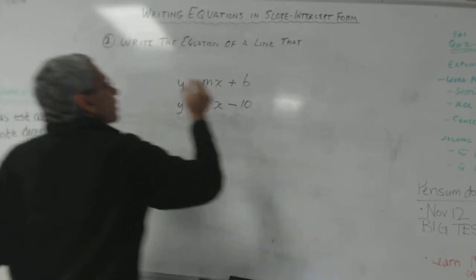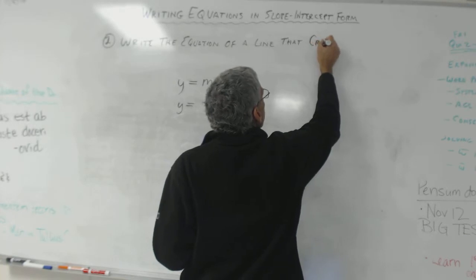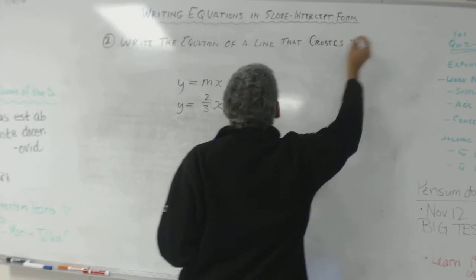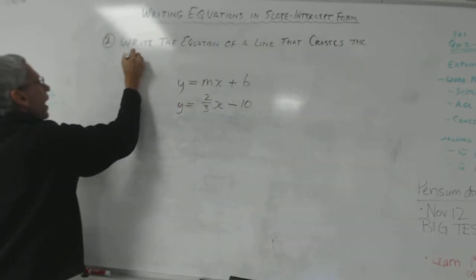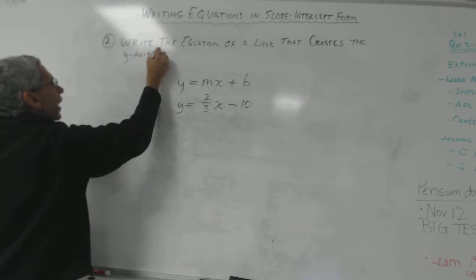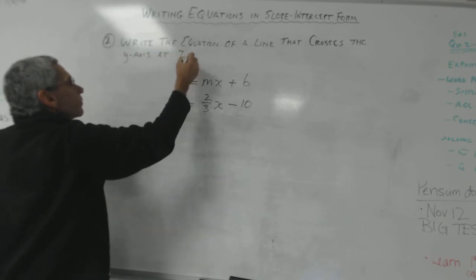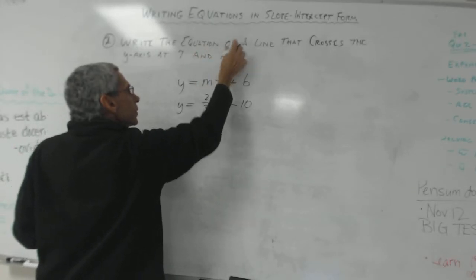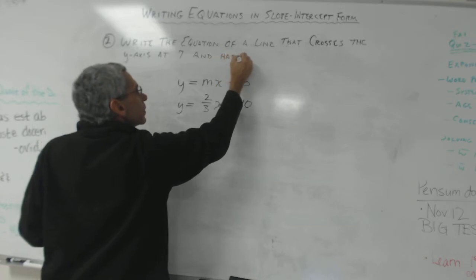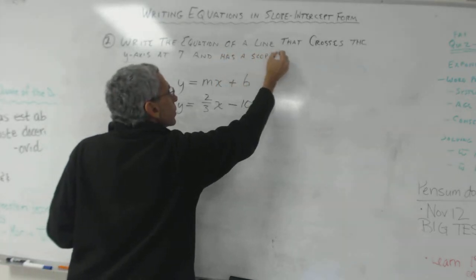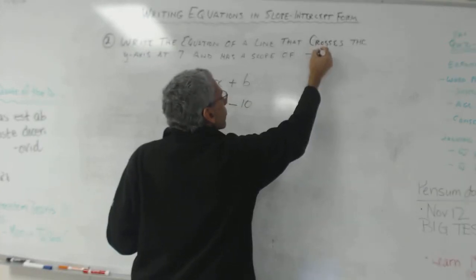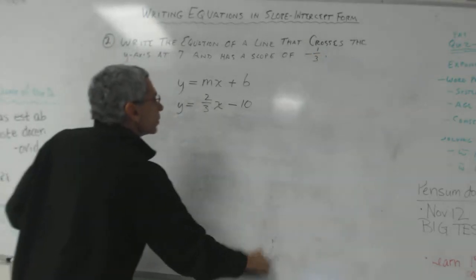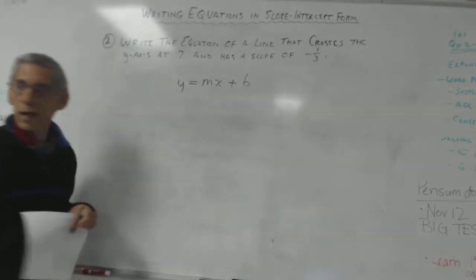Write an equation of a line that crosses the y-axis at 7 and has a slope of negative 1/3. So now, how is this different?